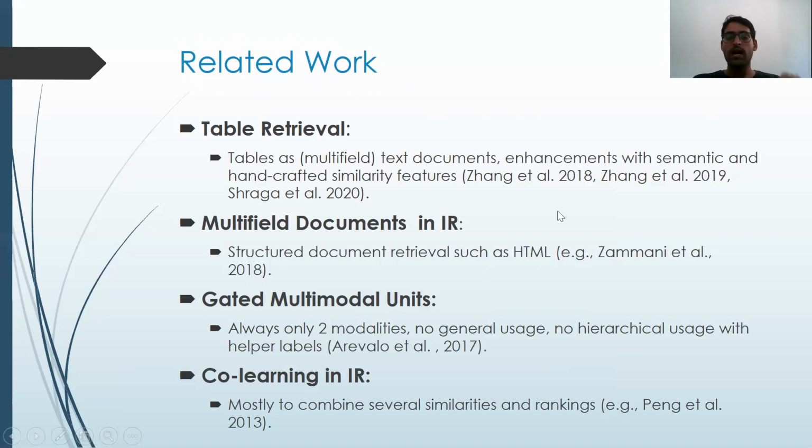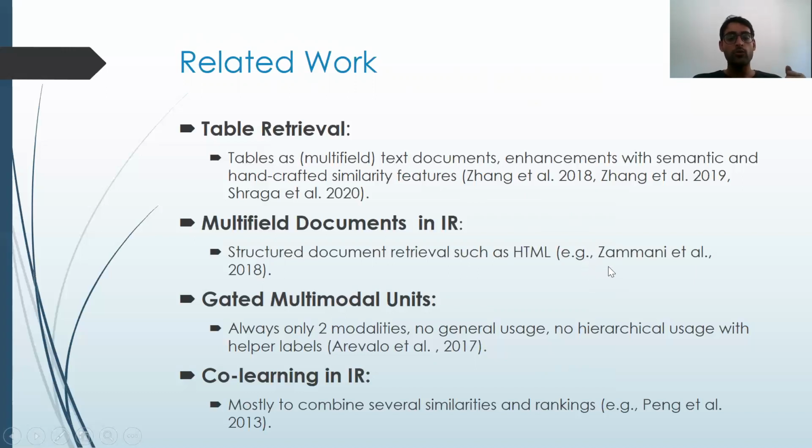Neural networks are not new to multi-field documents in information retrieval, and was recently suggested by Zamani et al. in 2018. Yet, in our work, we take advantage of the fact that each of the modalities has its own unique structure that should be taken into account.